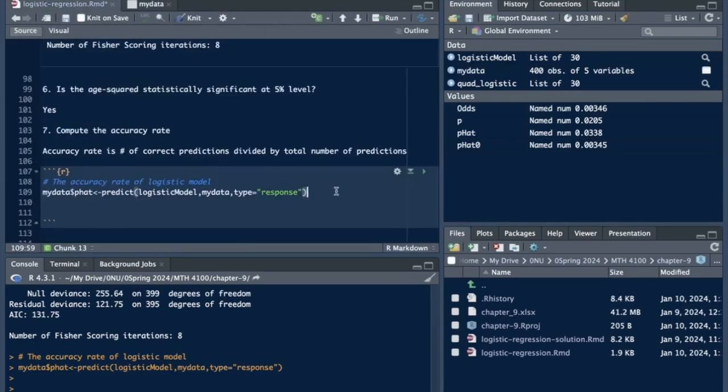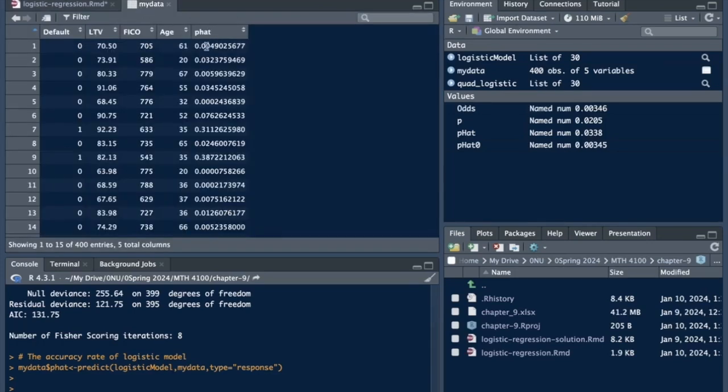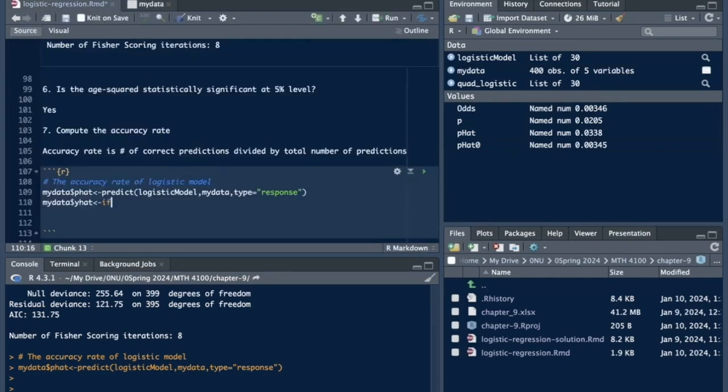To do this, I'm going to add another column to my data called y hat. How to do this? Go back to chapter 2. We're going to ask R to look at this column: if you see a number greater than or equal to half, give me 1; if you see a number less than half, give me 0. So I'm going to use ifelse.